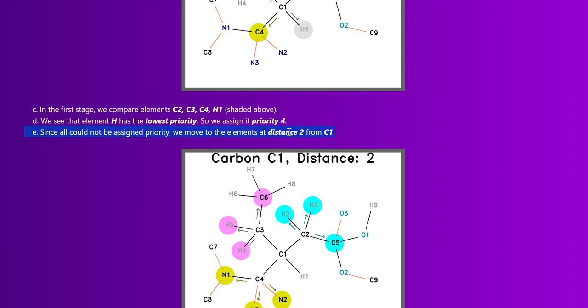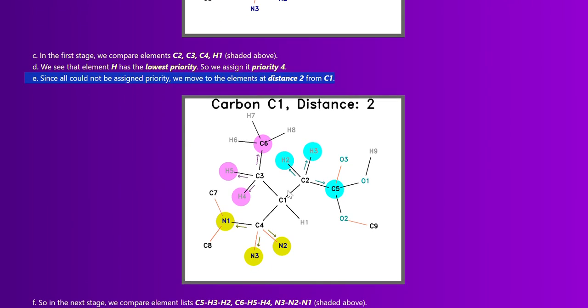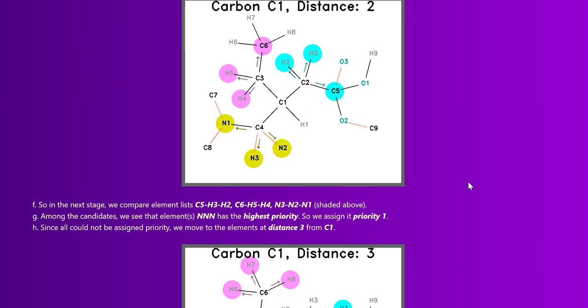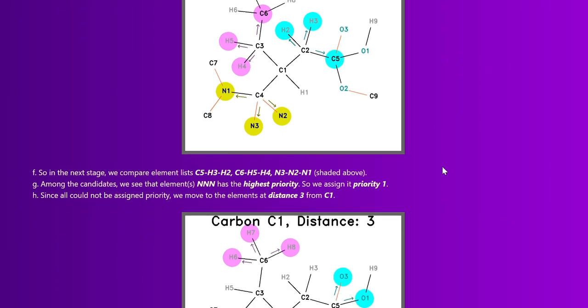So it moves to distance 2 from C1. At distance 2, for C3 there is C6, H5, and H4. For C4 there are nitrogen atoms N1, N2, and N3, and for C2 there are H2, H3, and C5.